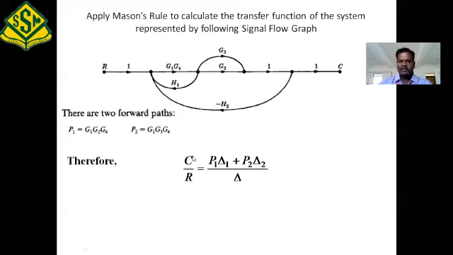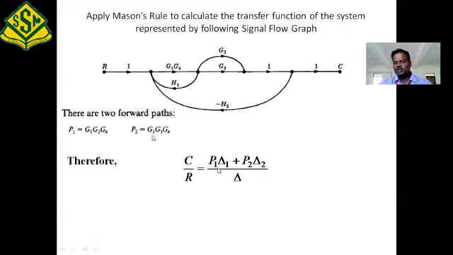This is the formula to calculate the transfer function, also called the Mason gain formula, C by R. C is nothing but the output, R is nothing but the input: output by input, the transfer function. Since you have two forward paths, you can stop at the second one: P1 del 1 plus P2 del 2, divided by del. This is the Mason gain formula. Why are we not writing P3 and del 3?